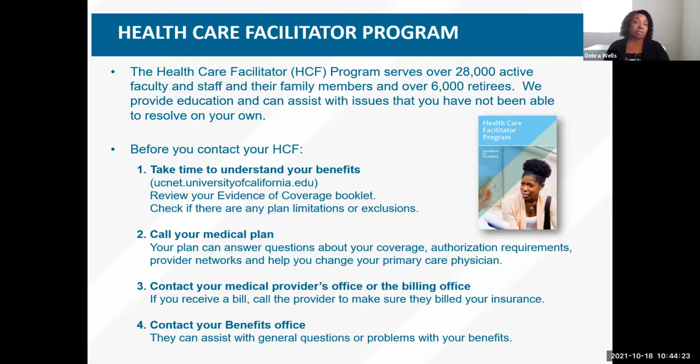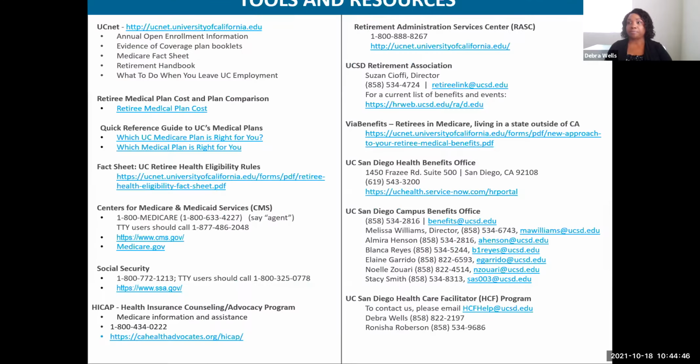A lot of times I get a call that says, I got a bill, I don't know what to do. Call the number on the bill, make sure that they billed your insurance properly. Contact your benefits office. But if you are still needing help and you have not been able to resolve it on your own, that's what we're here for. So feel free to contact our office.